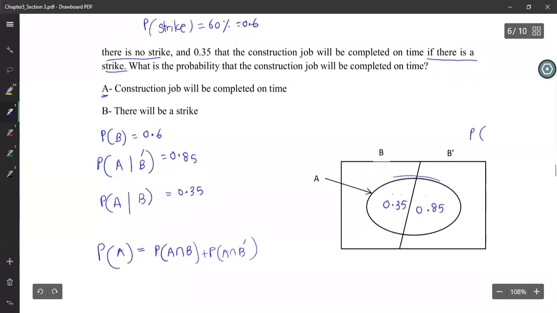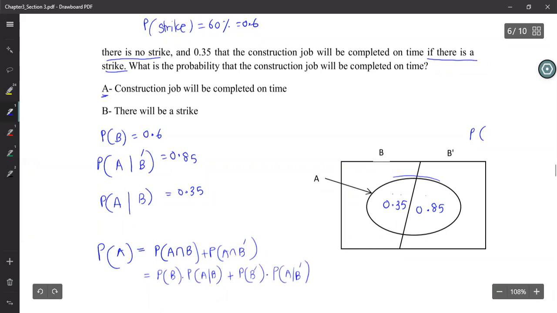These are the two possibilities. In either case, the job will be completed. Now let's use the multiplication rule. How do you find P(A)? That is P(B) times P(A given B) plus P(not B) times P(A given not B).